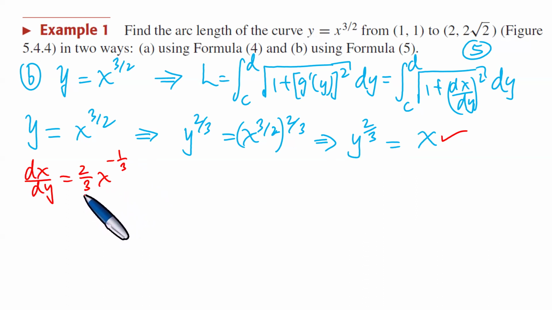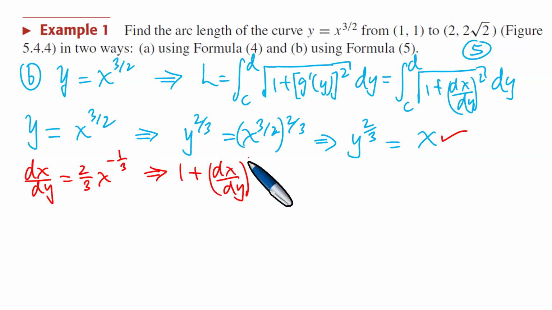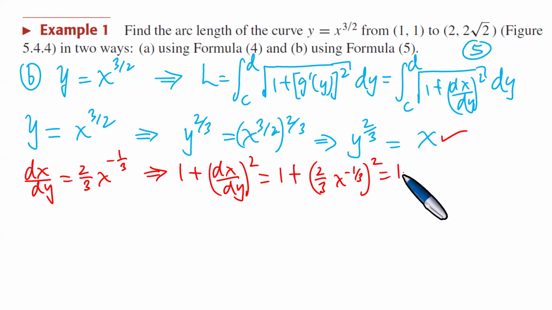And then it remains to compute like usual the 1 plus dx over dy, and then you square it. So that is 2/3 y to the minus 1/3, and then you square it: 1 plus 4 out of 9 y to the power minus 2 out of 3.